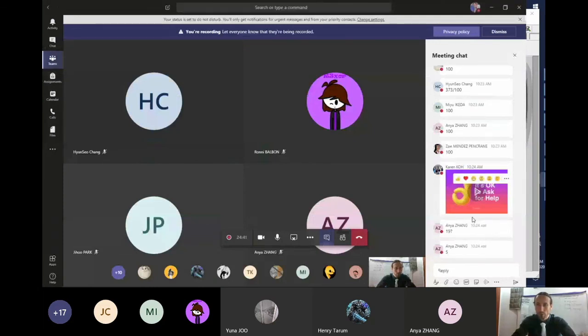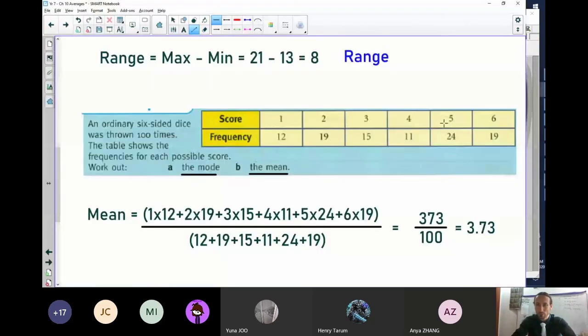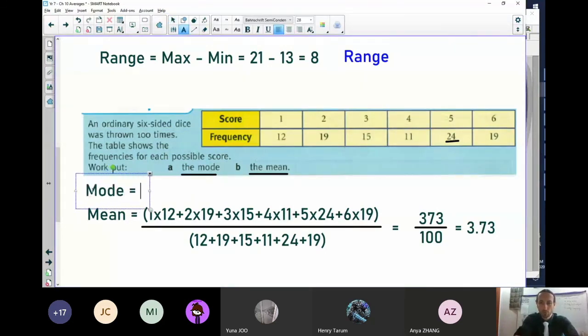Thank you. So this is our highest frequency here. It has a frequency of 24. So our mode is going to be equal to 24.